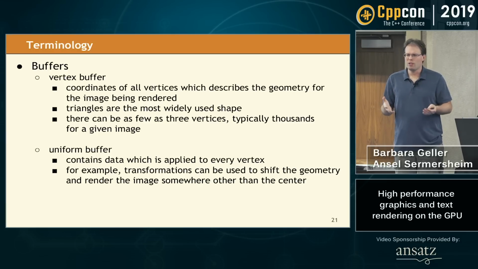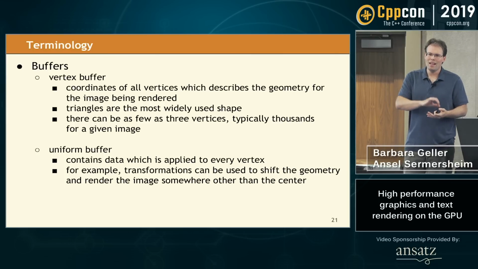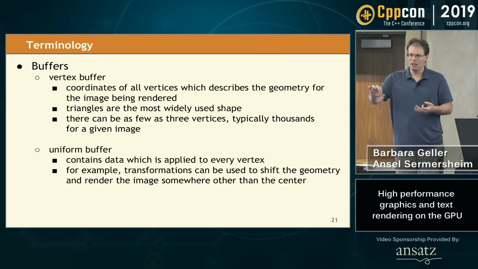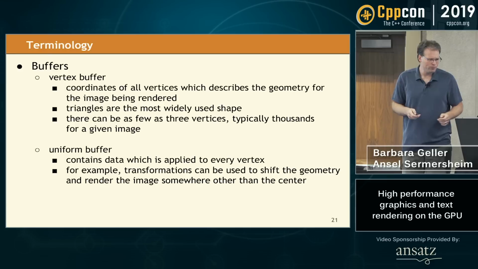But the uniform buffer is kind of an odd name. It means this is a piece of data that applies uniformly to every part of this shape. So I want to uniformly move it from this point to this point, or scale it by a certain factor. That's the reason for the name, but it's kind of an odd name when you first see it.